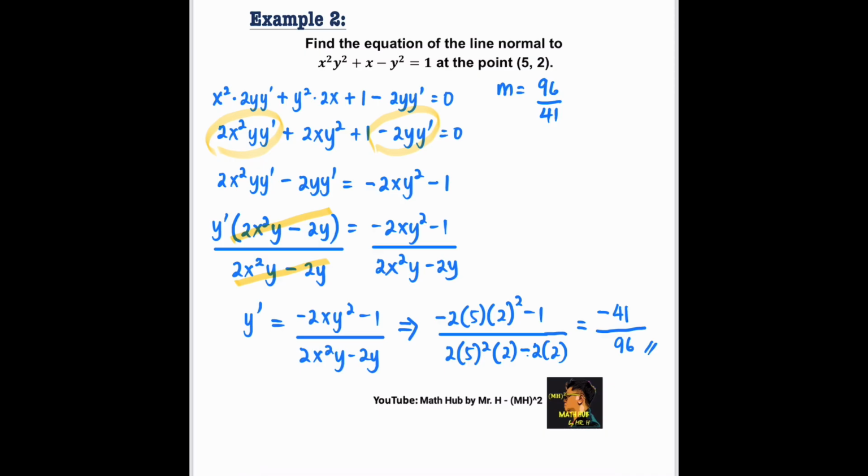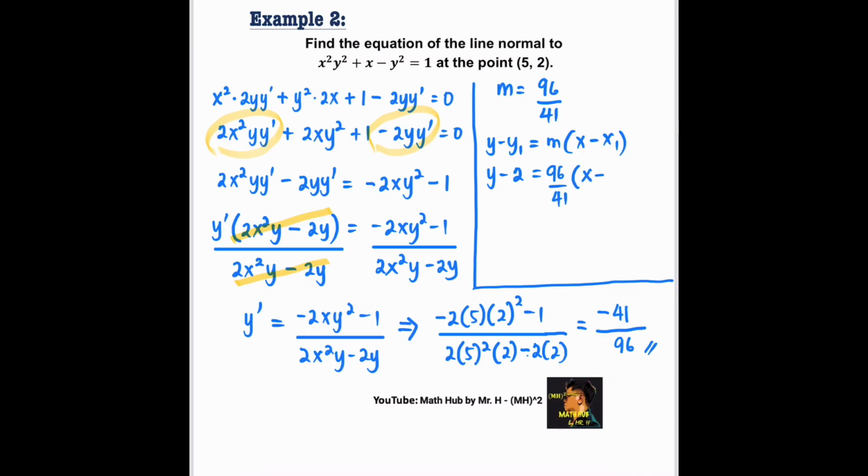Right? So we're going to be using the same point slope formula. All right, so y minus y sub 1 equals m for slope times x minus x sub 1. So y minus y sub 1 is 2. The slope m is 96 over 41 times x minus x sub 1 is 5.